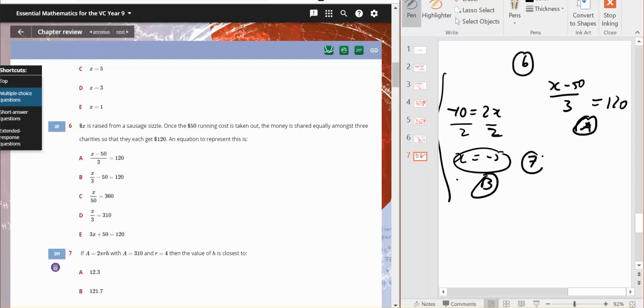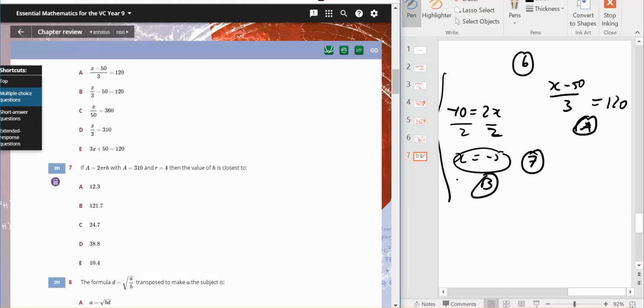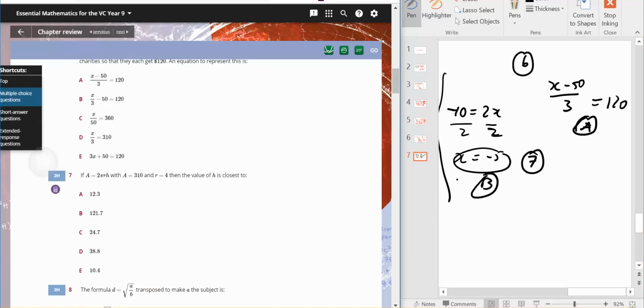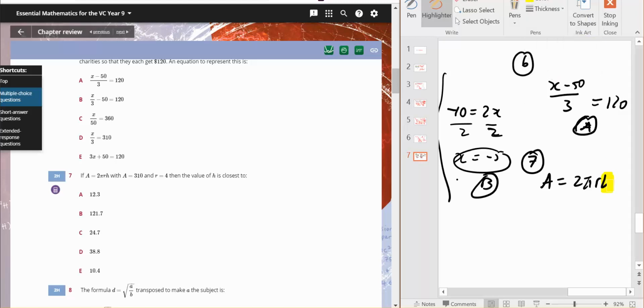All right, question 7. If that equals that, then the value of h is close to... The way I like to approach this question is to make h the subject first, because it makes it easier to work out. So you've got A equals 2 pi r h.